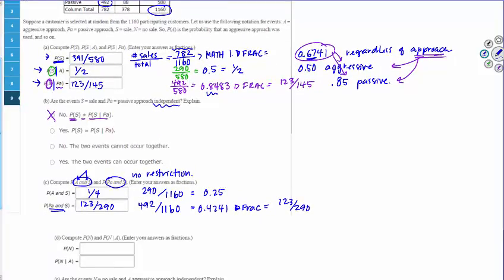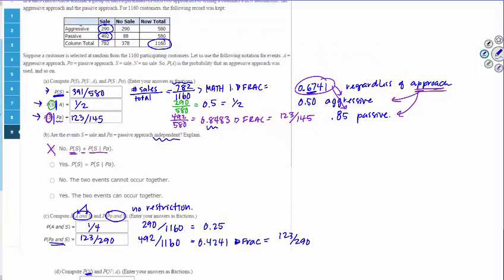Next, we're asked to compute the probability of not making a sale. So the probability of not making a sale is the number of non-sales out of the total number of customers.